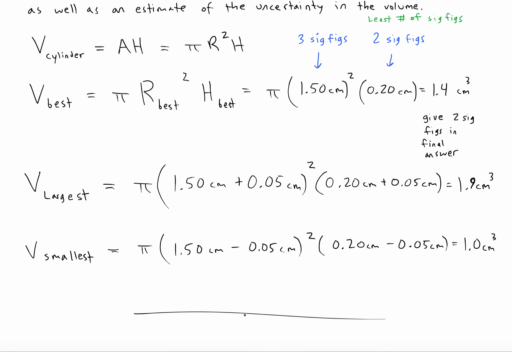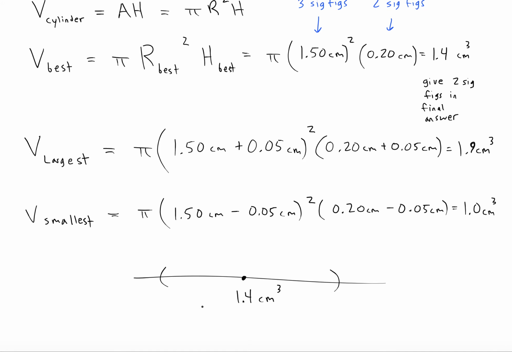So in the middle we put the 1.4, the best estimate. And then our confidence interval goes from 1.0 up to 1.9.